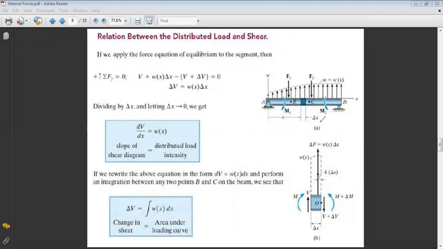So you have variable load on this system. Now, if I take a small part of it and I do the analysis on it, we said that since the whole structure is in equilibrium, then also the small part will be in equilibrium.